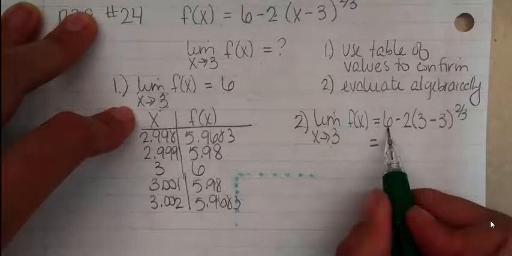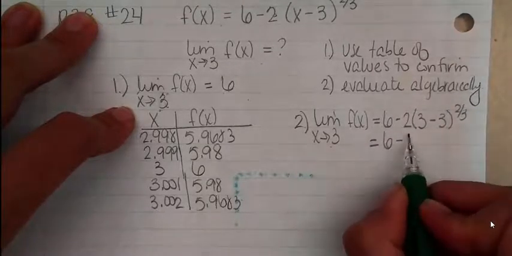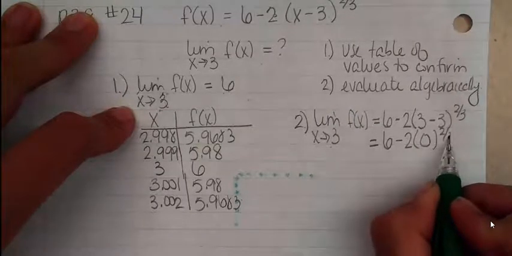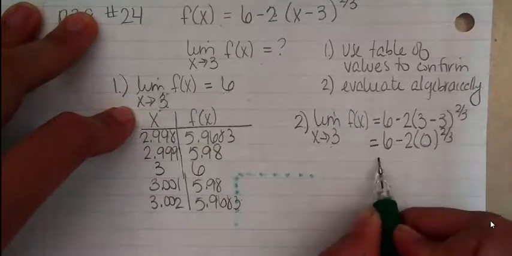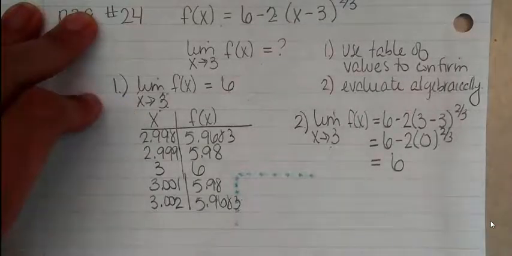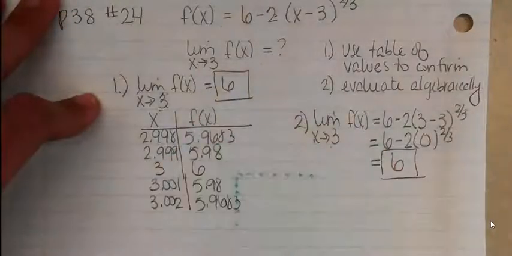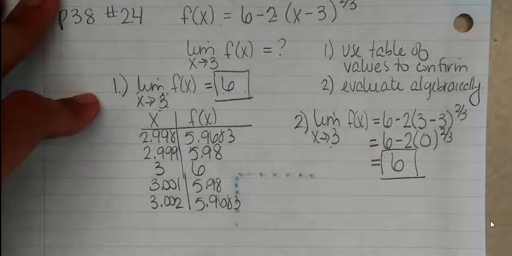So this becomes, let's see, 6 minus 2 times, 3 minus 3, that's 0. So this whole piece right here just becomes 0, and I'm left with 6. So that's evaluating it algebraically. Either way, the answer is 6. And then graphically is pretty obvious.